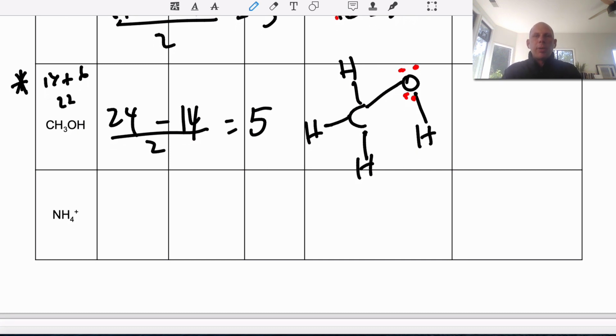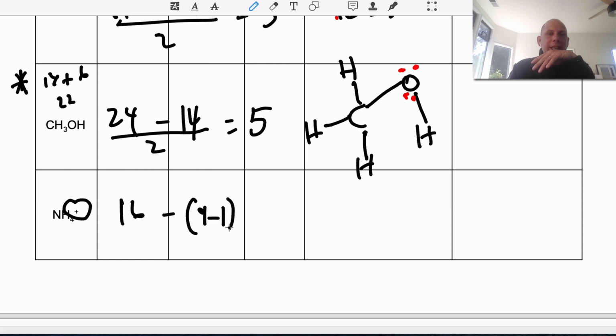Okay, we're going to do NH4 plus, and then we're going to be done with this page, and then I'm going to tell you what you're going to do next, okay? So NH4 plus here, remember that plus is going to be 1 left from the have. So we have 8 plus 8 here, that's going to be 16 minus have. So have here we have 5 plus 4, that's 9, minus 1 is 8.